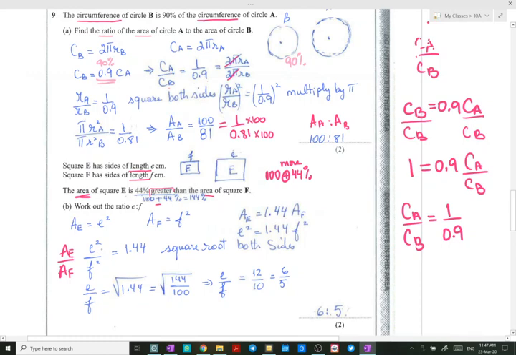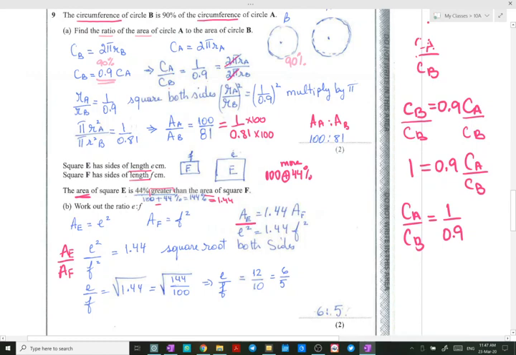Now how did we manage to get this? Area of E is equal to 1.44 area of F, because in the given they said the area of square E is 144% of it, so representing it as a decimal, it's 1.44.